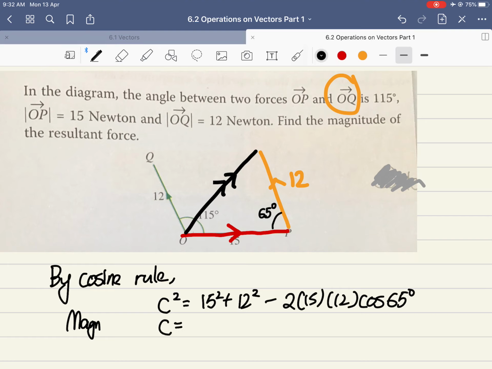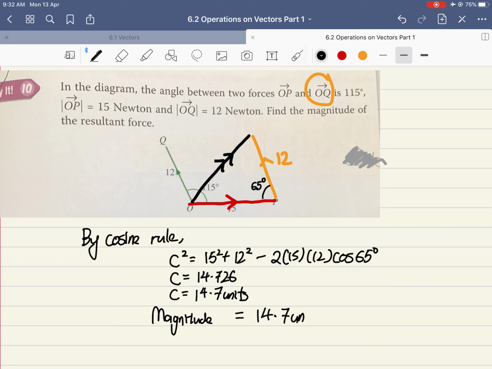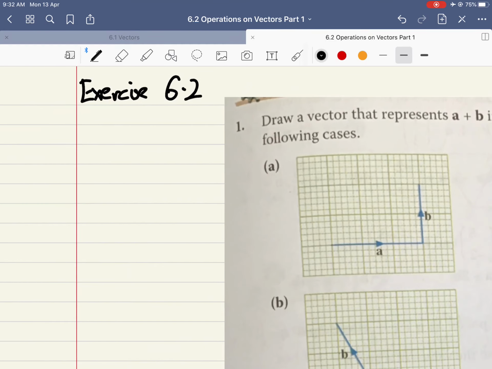If you use your calculator, you'll find that the value of c is 14.726. Correct to 3 significant figures, c is 14.7 units. So therefore, the magnitude of the resultant force is equal to 14.7 units.